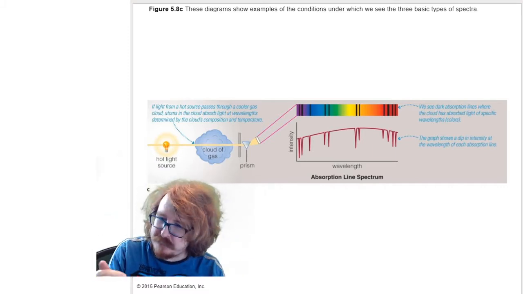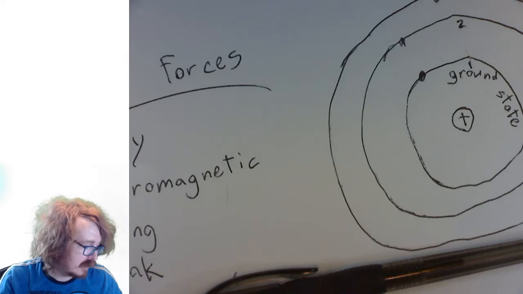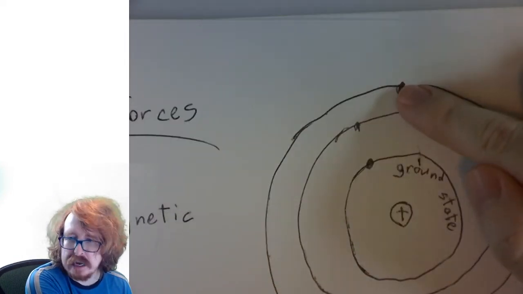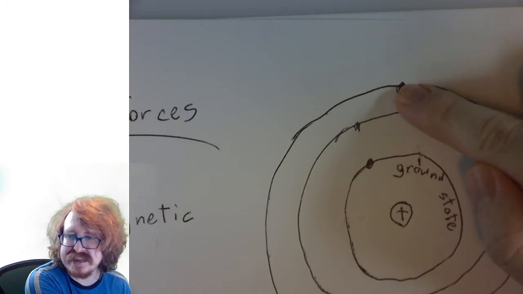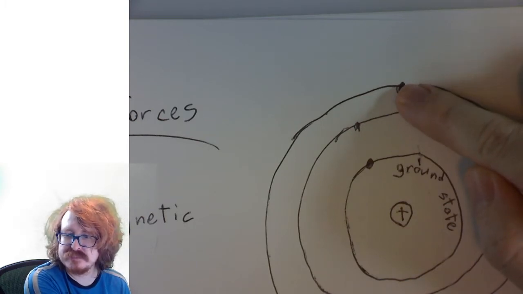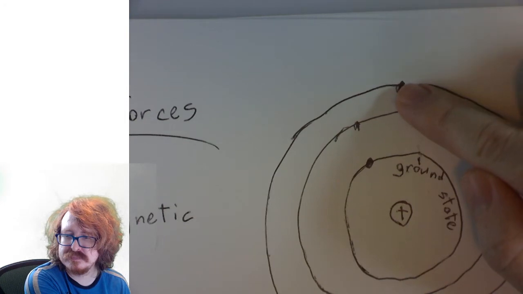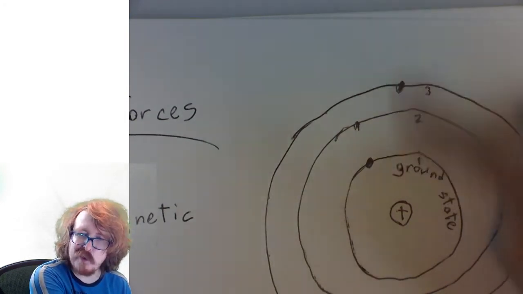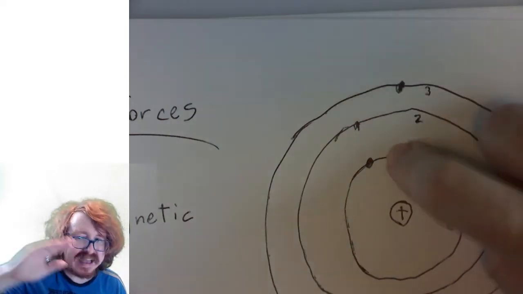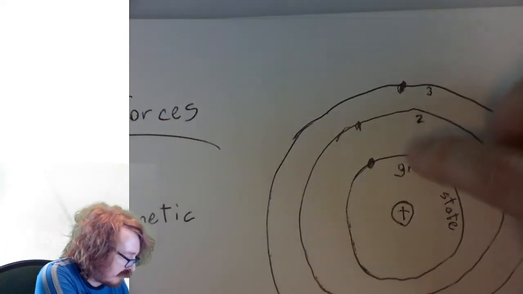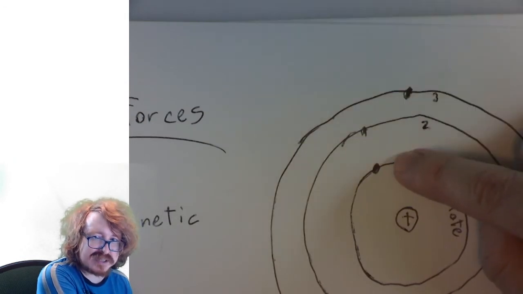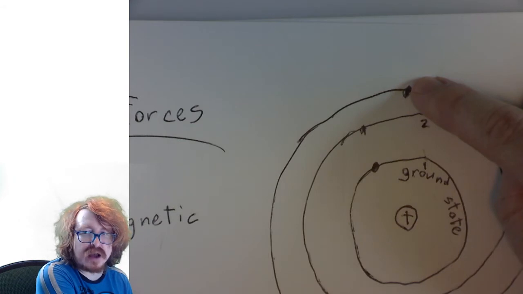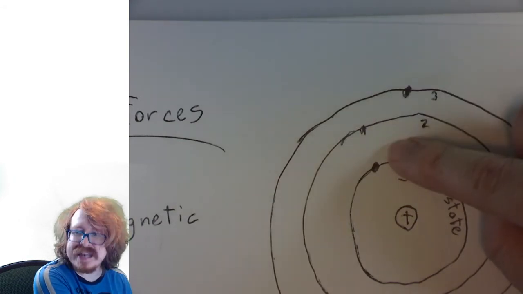But let me go back to my picture of an atom. When an electron pops up, does it want to stay up? No. It wants to come back down, right? And here's the kicker. If it took in light to pop up, when that electron falls back down, what happens?